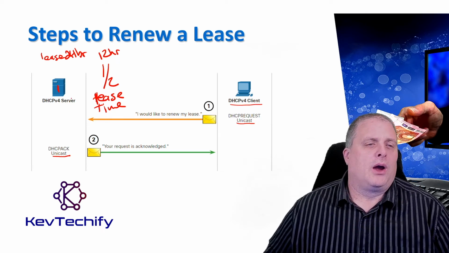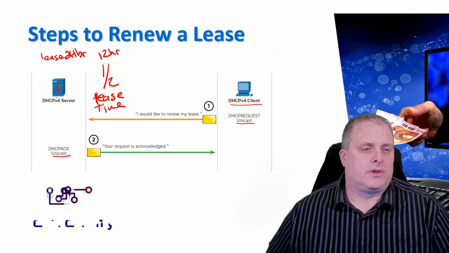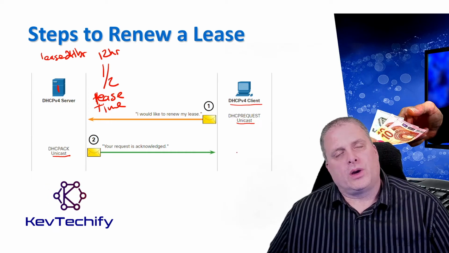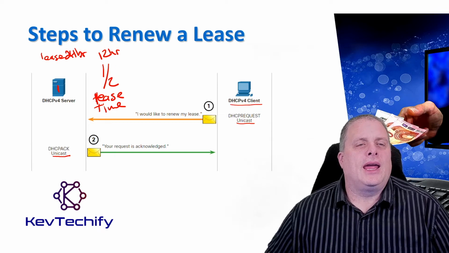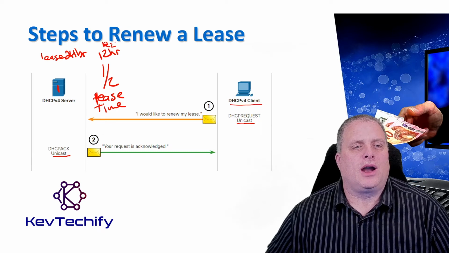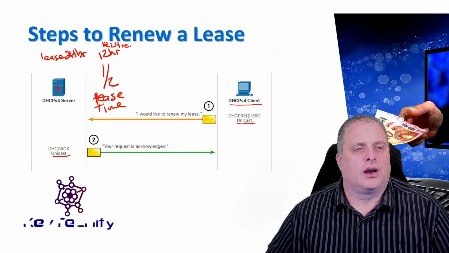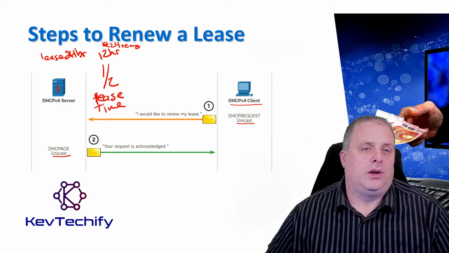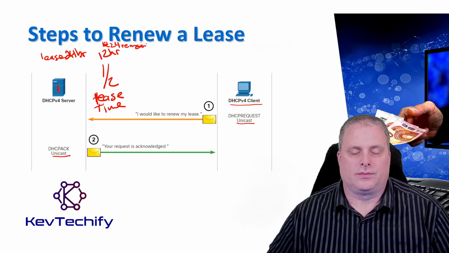It's going to say, I would like to renew it. The server's there, and it replies back, okay, your request is acknowledged. Here's your renewal. And the new lease starts here. So you get 24 hours with the renewal here.